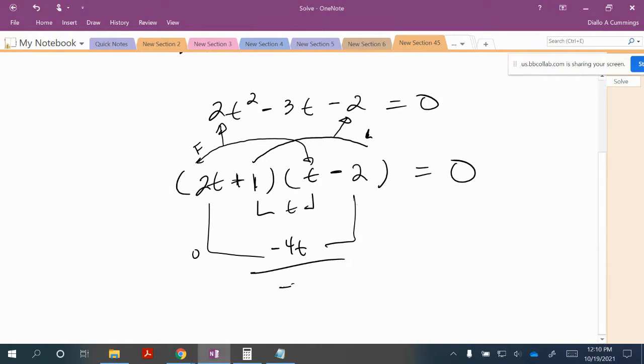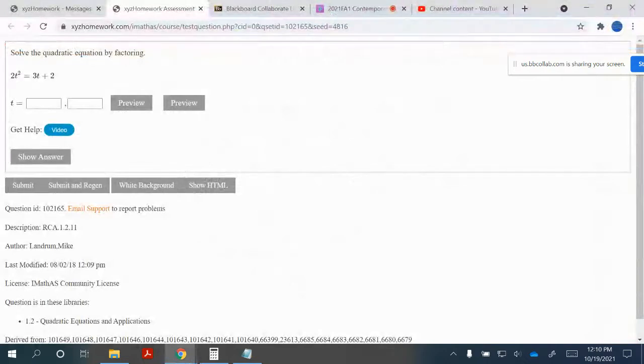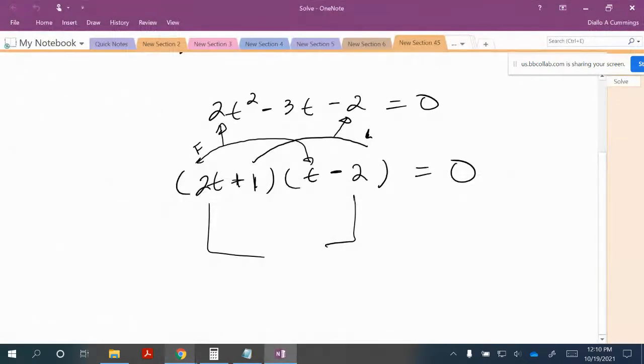And if I combine, I get my middle term, which is -4t plus positive t, which is -3t. So I know I have the correct factorization.